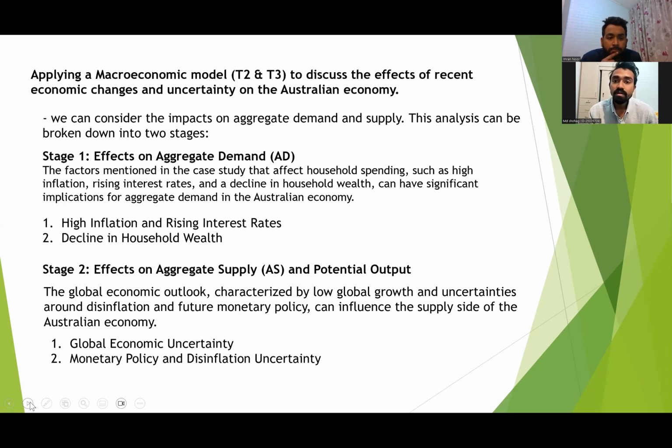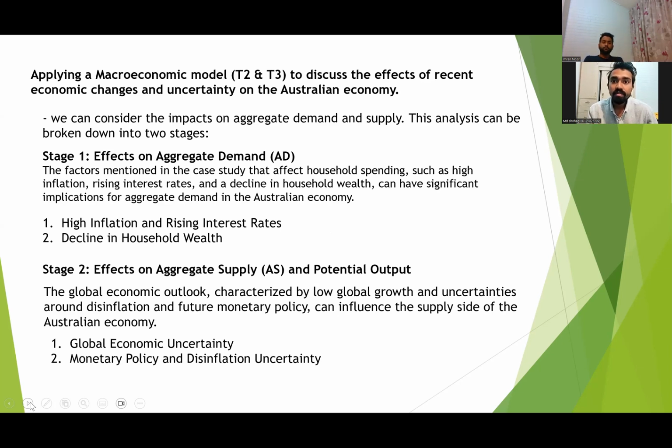Okay, next slide. Applying macroeconomic models T1 and T3 to discuss the effect of recent economic changes and uncertainty on the Australian economy, we can consider the impact on aggregate demand and supply.